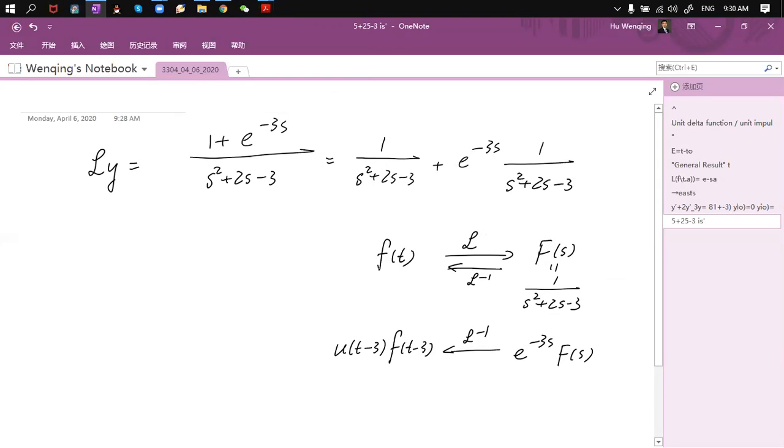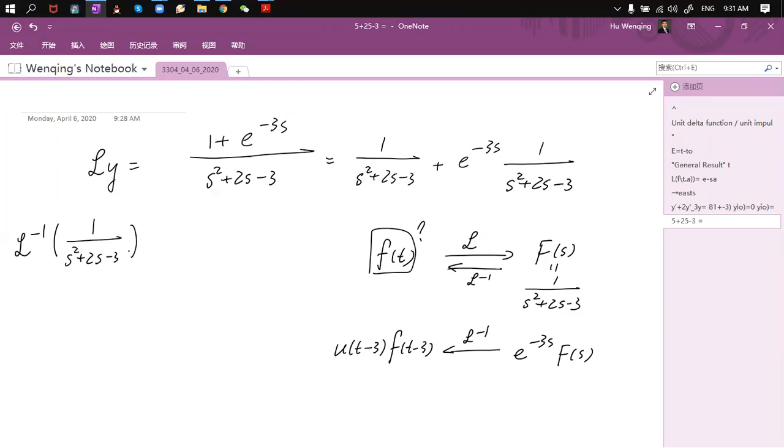So the only thing that's unknown is f of t. That means you would like to consider the inverse Laplace transform of the function 1 over s squared plus 2s minus 3. Is that good for everybody? So how do we find it?